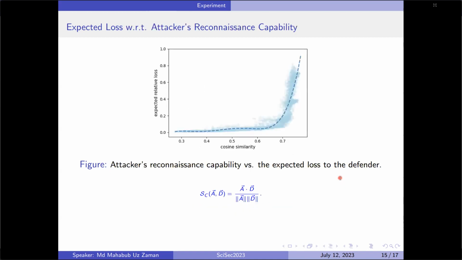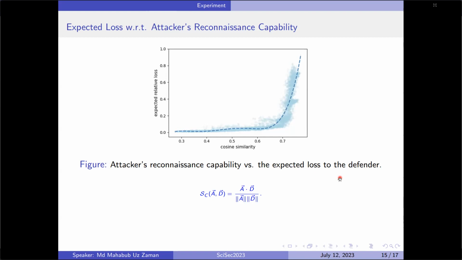In our second experiment, we wanted to see the relationship between the attacker's reconnaissance capability and the expected loss to the defender. To get the attacker's reconnaissance capability, we take the cosine similarity between vector A and vector D. This is basically trying to say how close the attacker is to thinking like the defender, in terms of value and probability, about whether a computer is actually a honeypot computer or not.